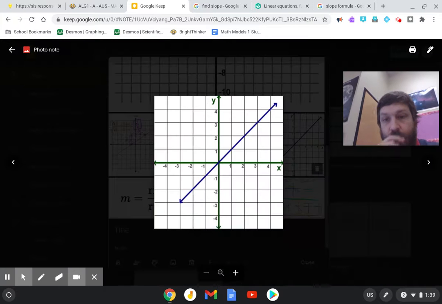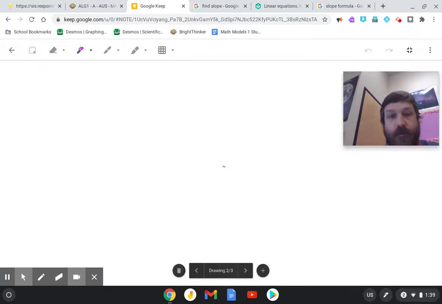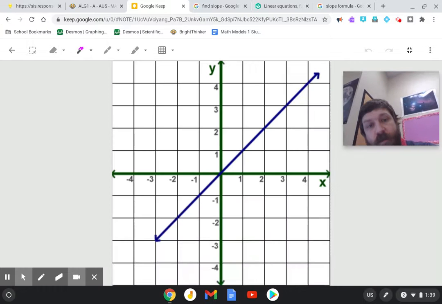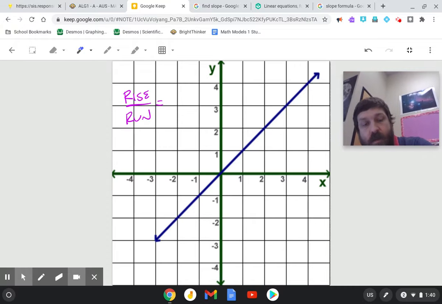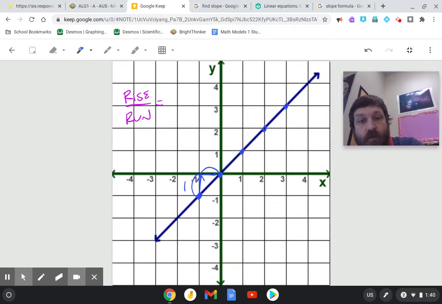So let's look at another example about this one. Again, I want to find the rise over the run. I can find any point. There's actually a lot of places where this crosses at a specific point, but really this is going to be pretty easy because it goes up 1, over 1, up 1, over 1.